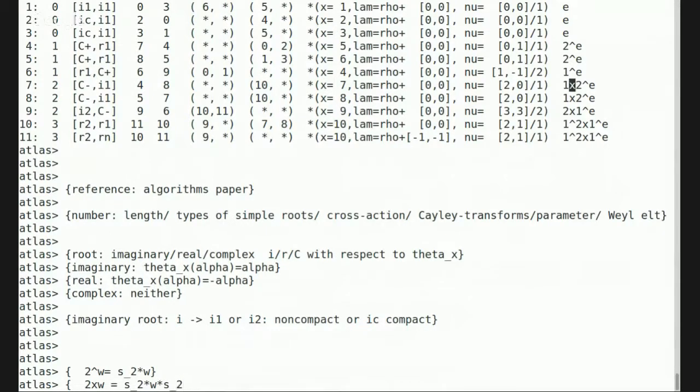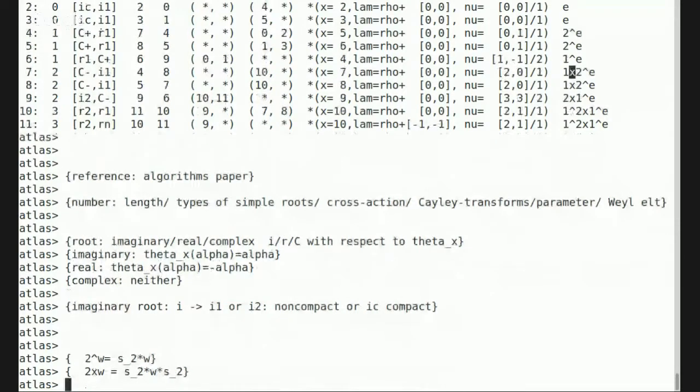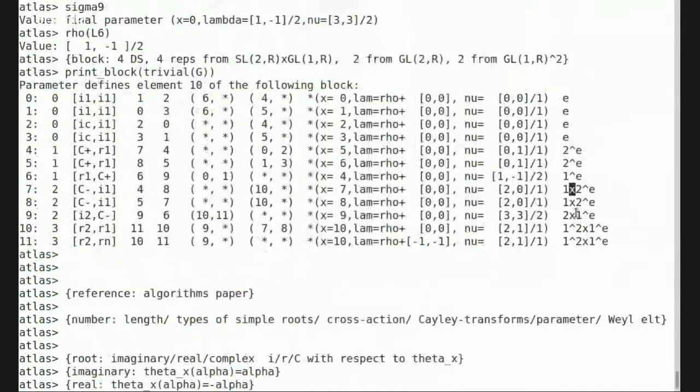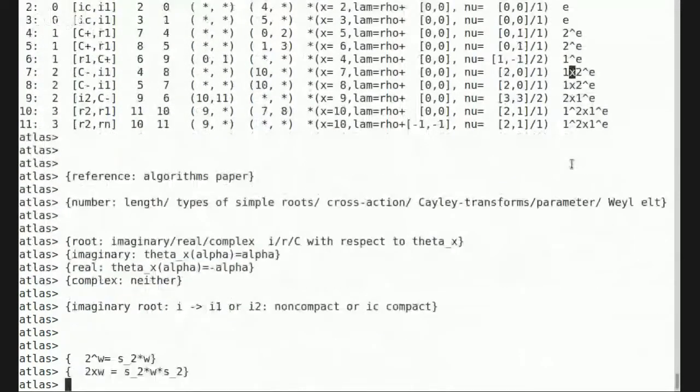It's an inverse or something, but anyway, it's conjugation by S2. So this element, let me scroll down here, 2 hat E is really just the Weyl group reflection S2. And that's the Cartan involution for this parameter.